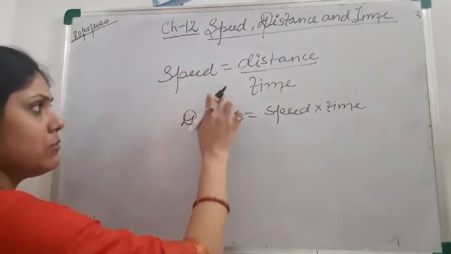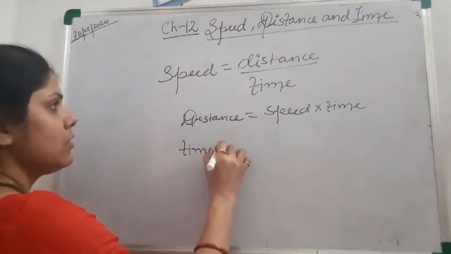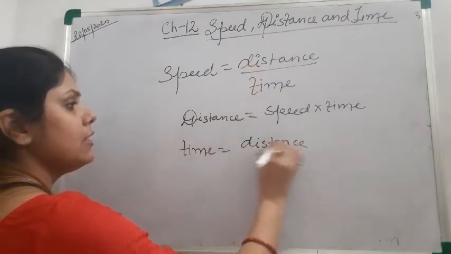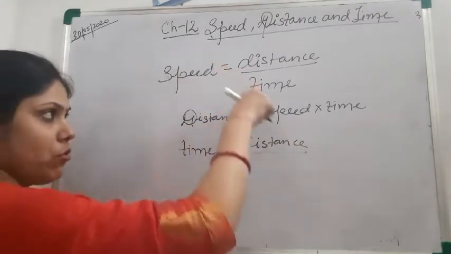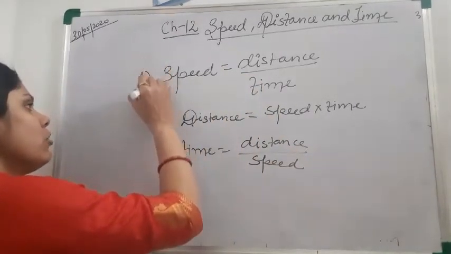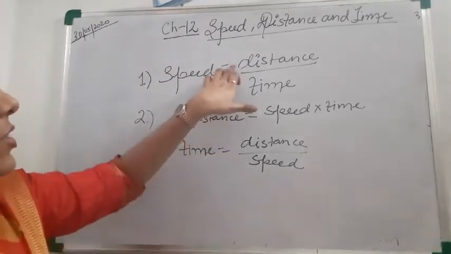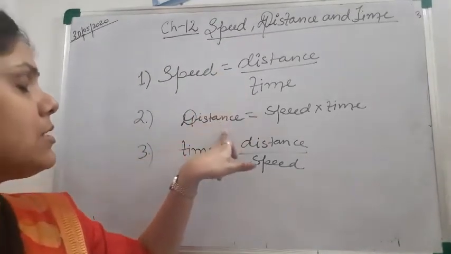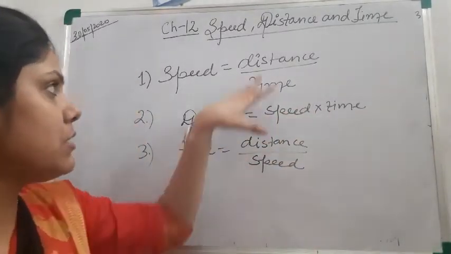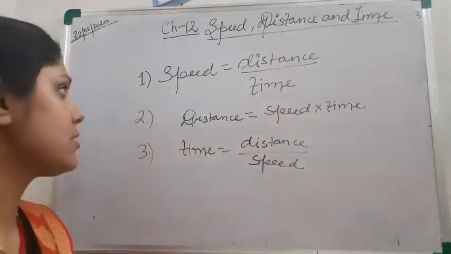Time goes up and speed goes down, so time is equal to distance upon speed. By this one formula, you will get the rest of the two formulas. Speed is equal to distance upon time, distance is equal to speed into time, and time is equal to distance upon speed.